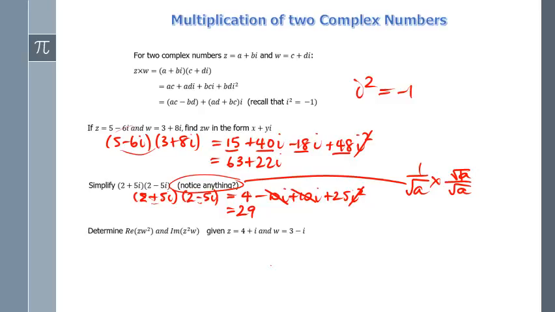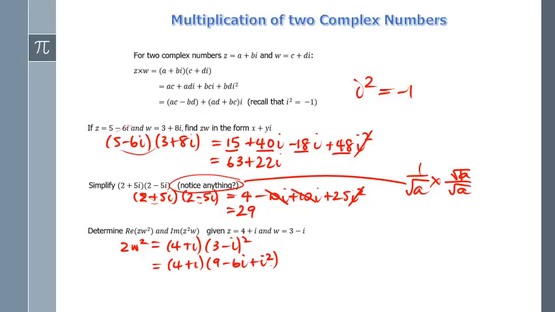Okay, determine the real part of z w squared and then the imaginary part of z squared w. So let's have a look at z w squared. w squared is going to equal 4 plus i, and then 3 minus i squared, which is going to be 4 plus i times 9 minus 6i plus i squared.